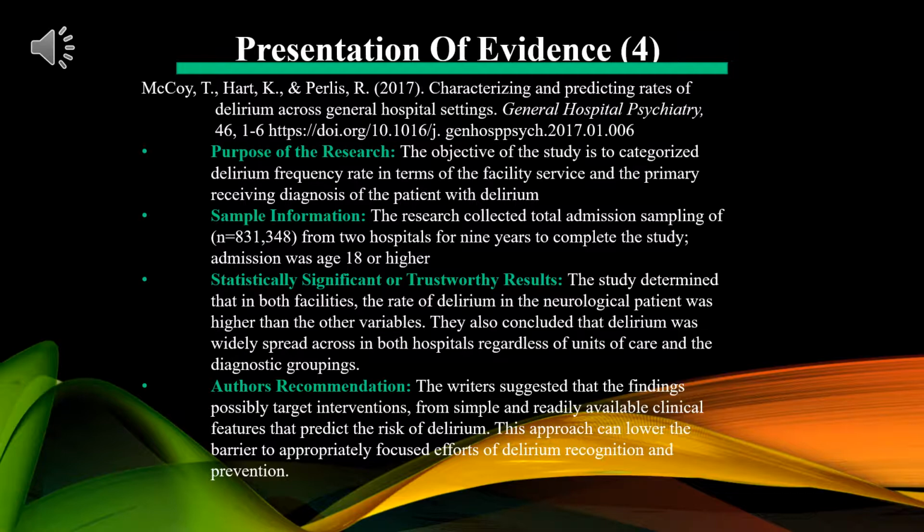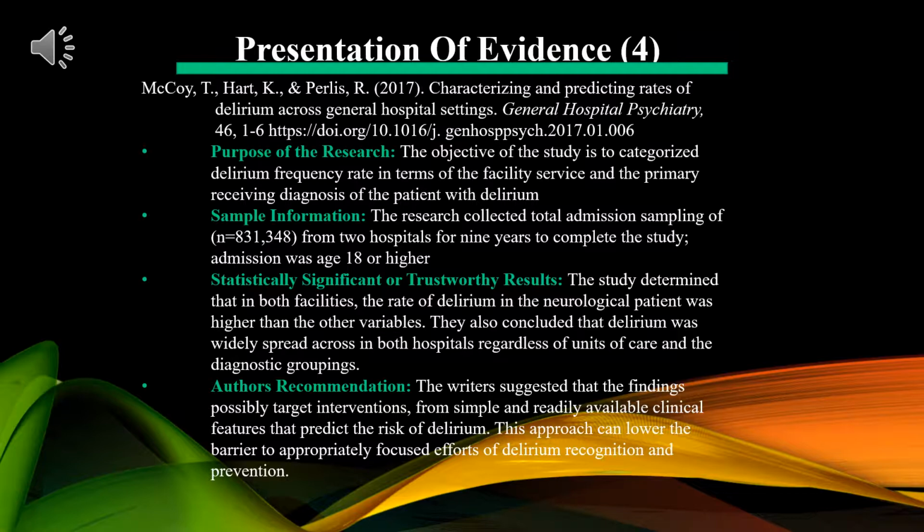Statistical significance. The study determined that in both facilities, the rate of delirium in the neurological patients was higher than other variables. They also concluded that delirium was widely spread across both hospitals regardless of units of care and the diagnosis groupings.